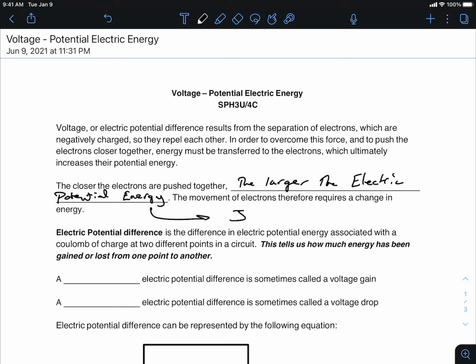And so a positive electric potential difference can be called a voltage gain, and a negative electric potential difference is sometimes called a voltage drop. Do we have any issues with that? So if we see a negative number, it means we've lost some energy, and if we see a positive one, we gained.